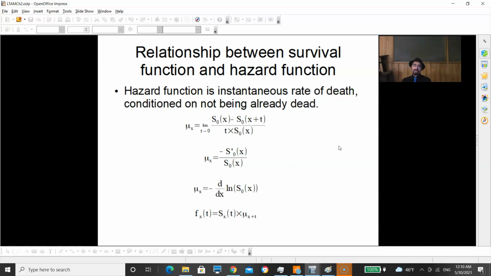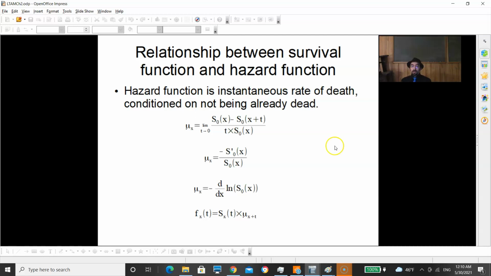And so when we hear instantaneous probability, you can probably do that with some sort of limit, and that's exactly what we do. It's survival at x minus survival a little bit later, divided by the width of the interval, and then also divided by probability of surviving to x to begin with, right?